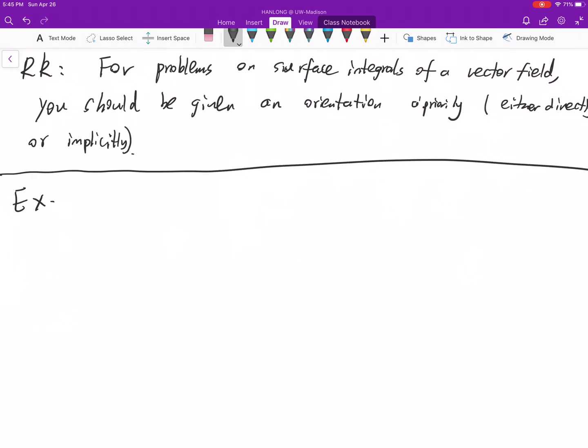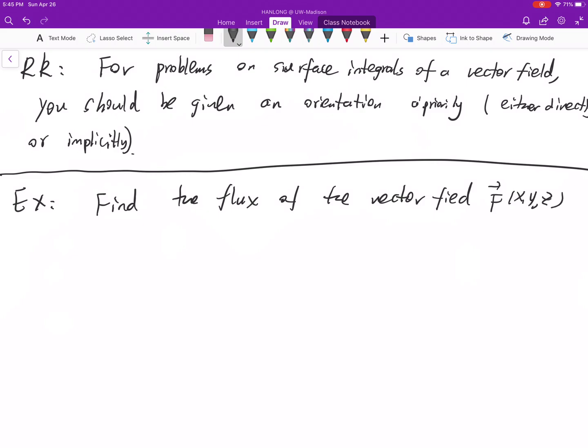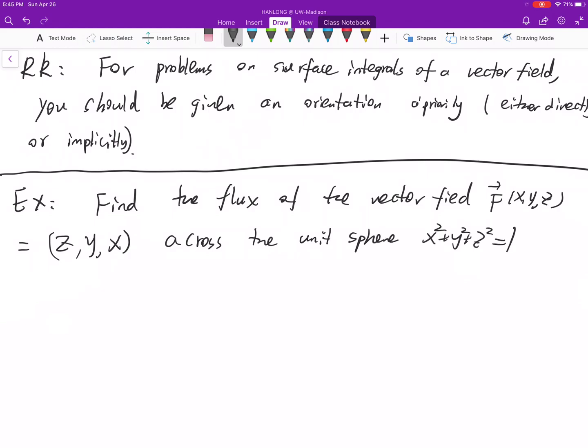Okay, now let's look at one example. Find the flux of the vector field f(x,y,z) equals (z,y,x) across the unit sphere x squared plus y squared plus z squared equals 1.